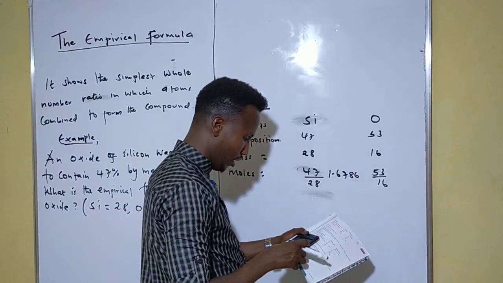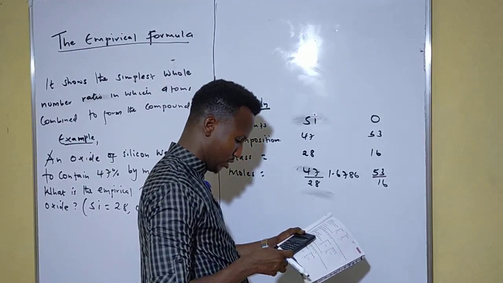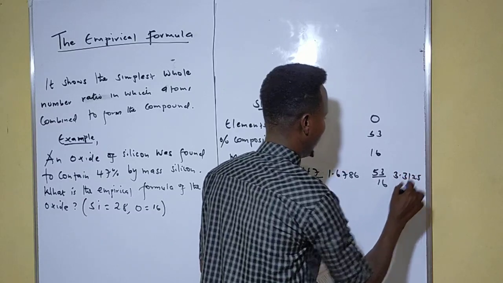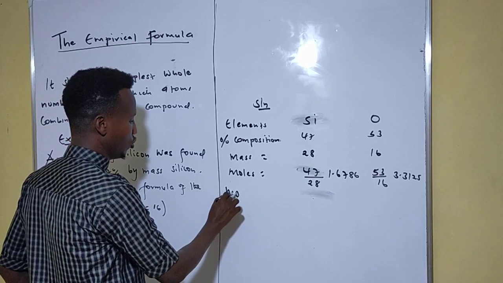Then 53 divided by 16 will give us 3.3125.